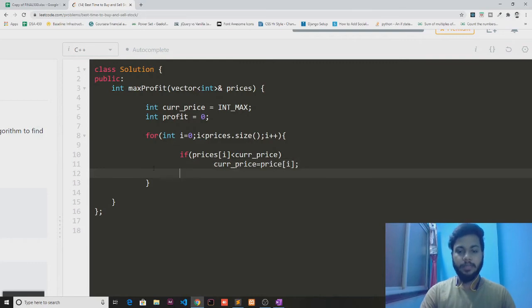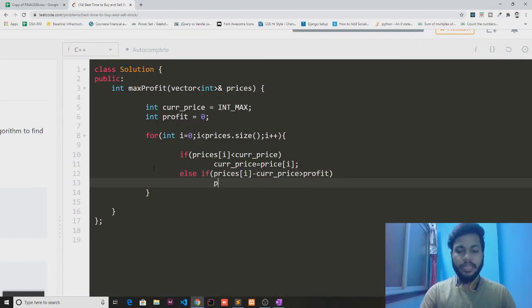Else if we are going to check another condition, that is our current element subtracted by our current price is greater than the profit or not. If this is true, we are going to update the profit with current element minus current price.